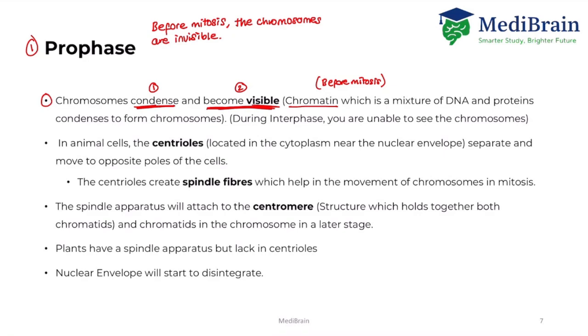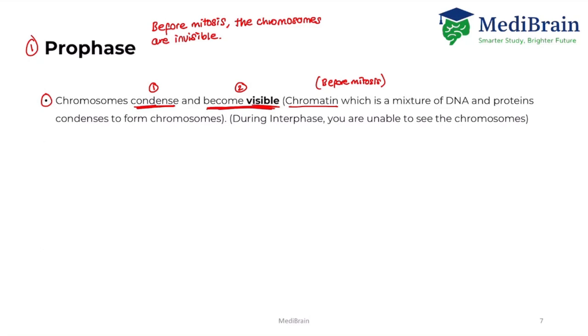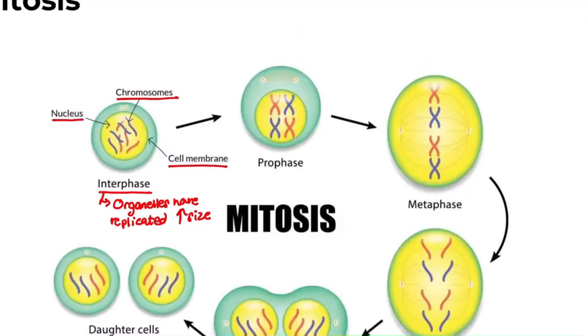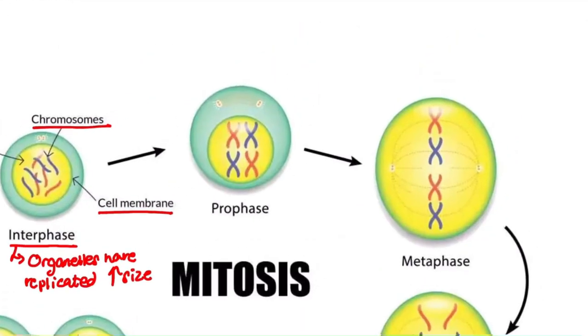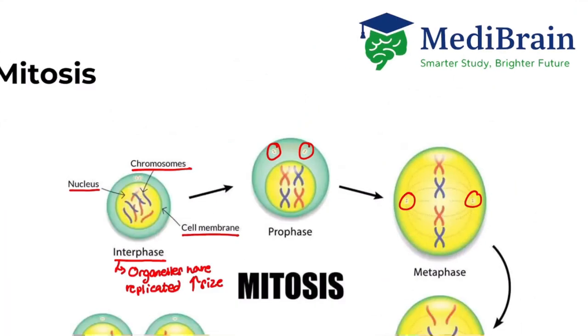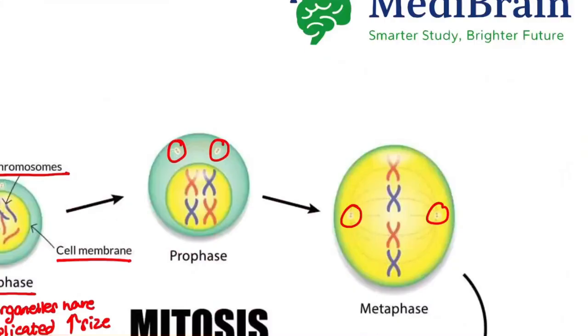In animal cells, the centrioles located in the cytoplasm near the nuclear envelope separate and move to opposite poles of the cell. So what happens if I go back to this diagram over here? If I just show you the centrioles, these are your centrioles over here. And you can see that the chromosomes are present like this.